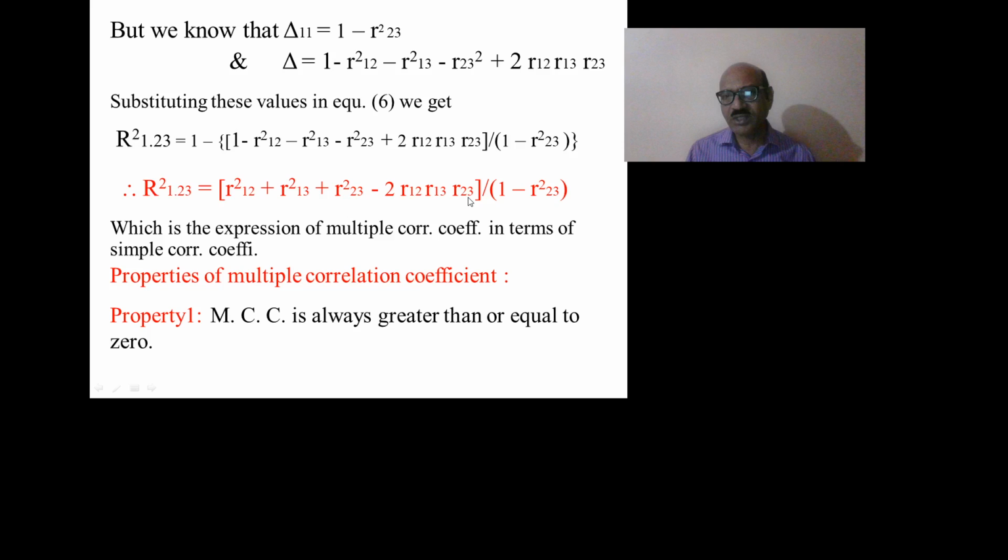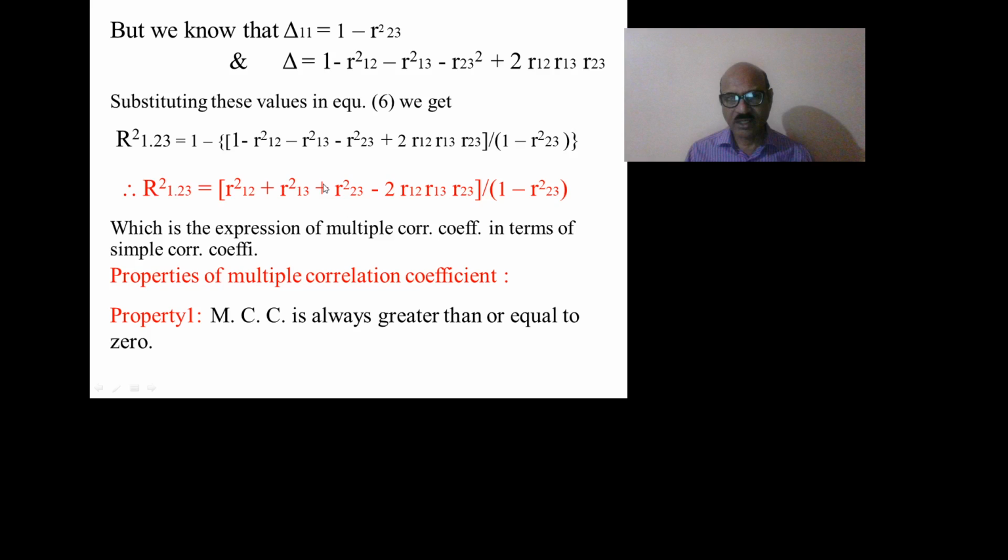This is the expression for the multiple correlation coefficient in terms of the total, or simple, correlations between 1 2, 1 3 and 2 3. If you want only R1.23, you just have to write this complete expression under the root sign. That will give the multiple correlation coefficient, capital R1.23.